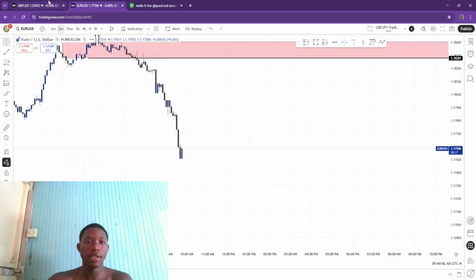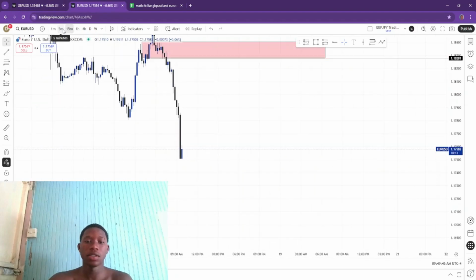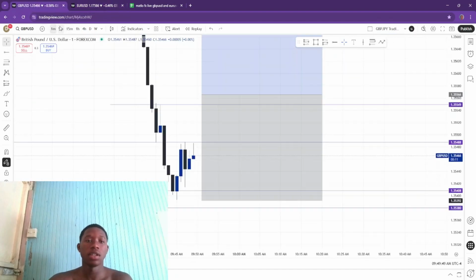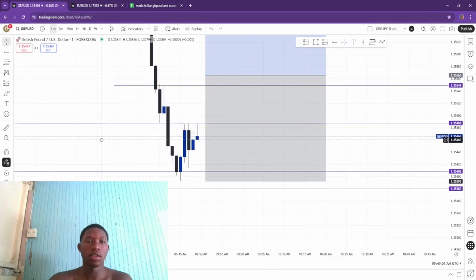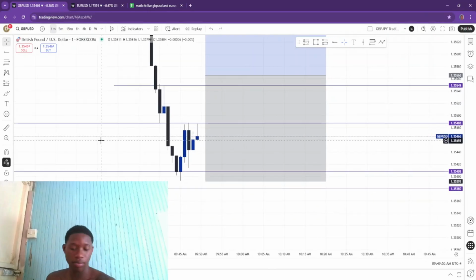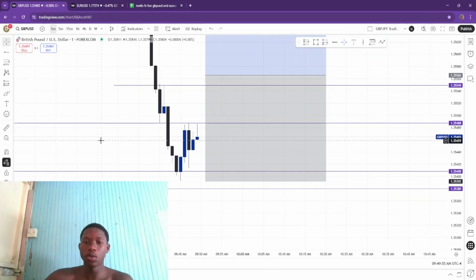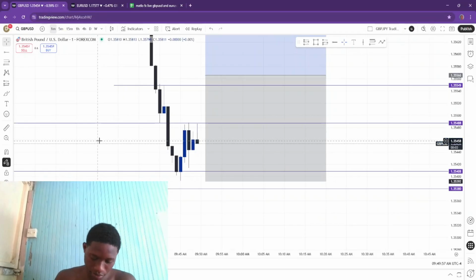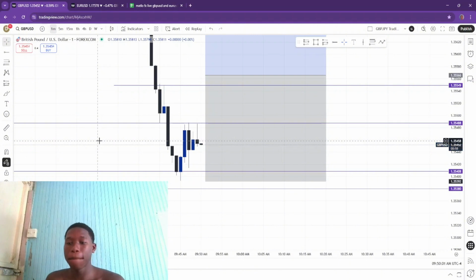Euro USD still doing its thing. 15 minutes, still doing its thing. GBP USD doing its thing also. Almost 10 o'clock, guys.